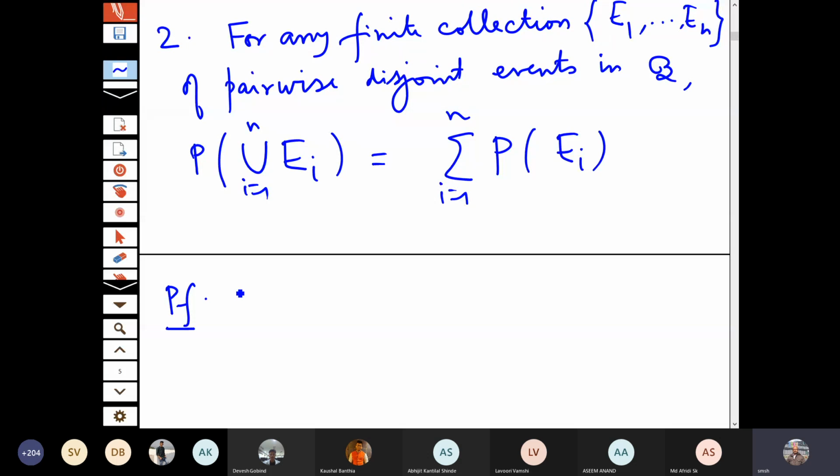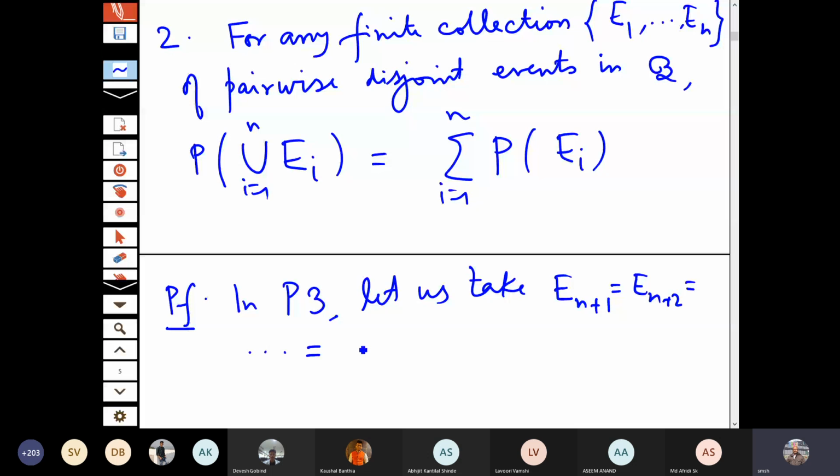Again, in P3, let us take say En plus 1, En plus 2, and so on equal to phi.